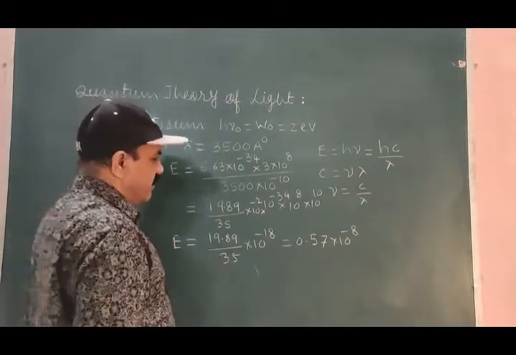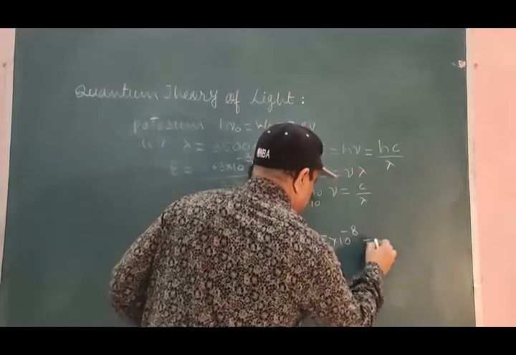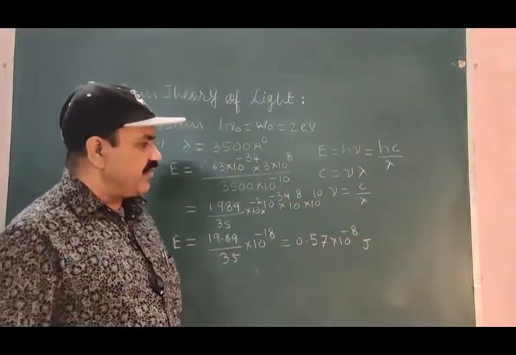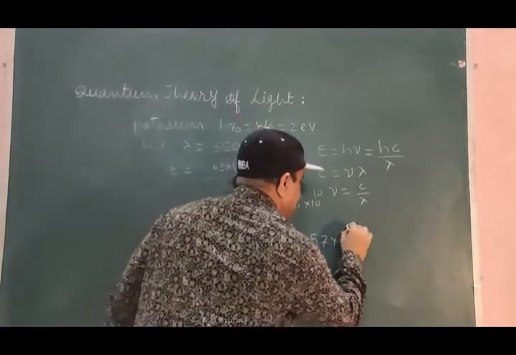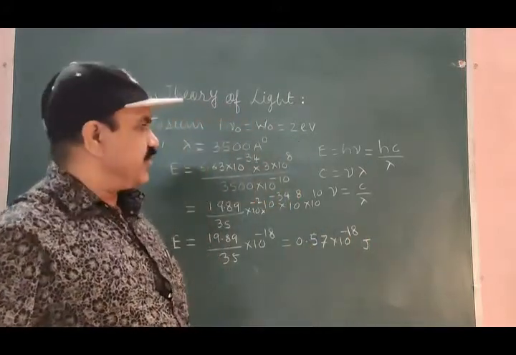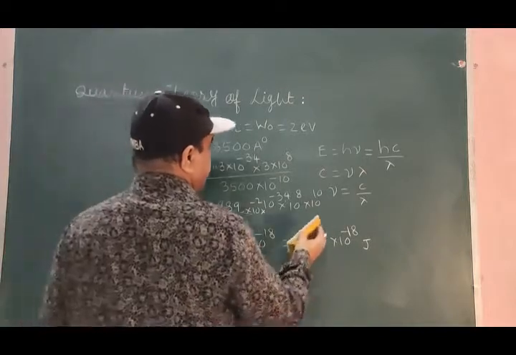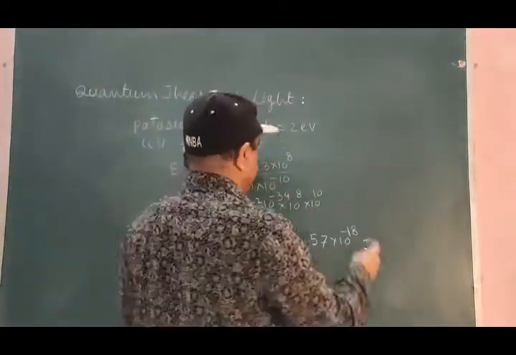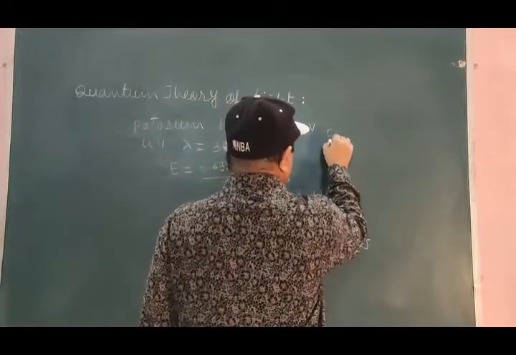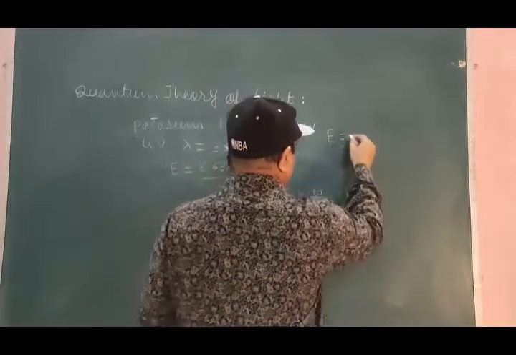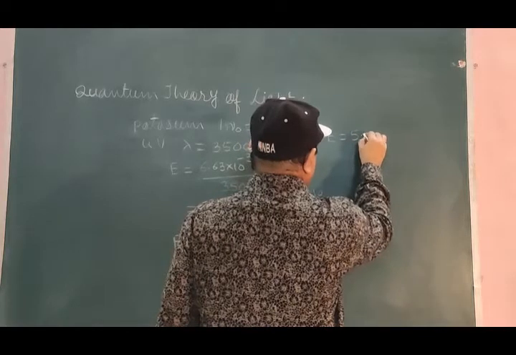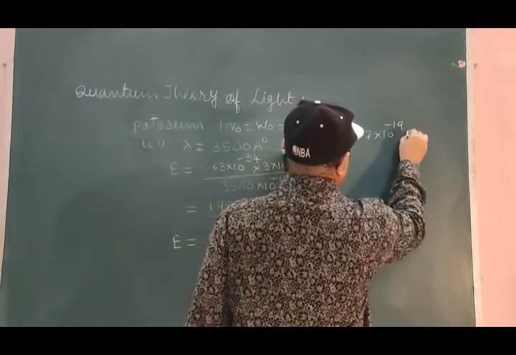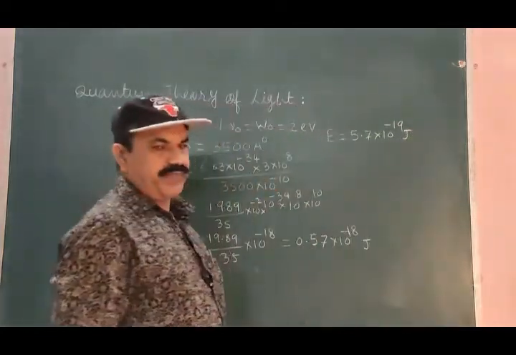So E is equal to how many joules? 0.57 into 10 to the power minus 18 joules, or this may be 5.7 into 10 to the power minus 19 joules.